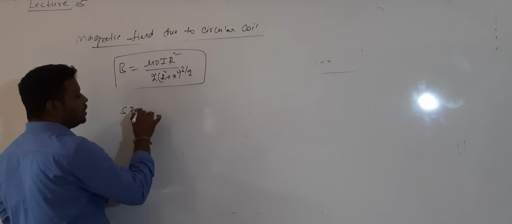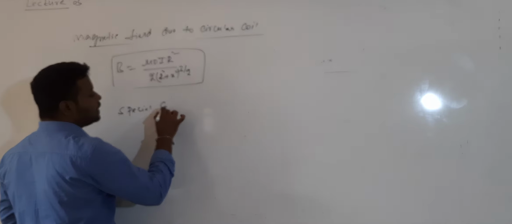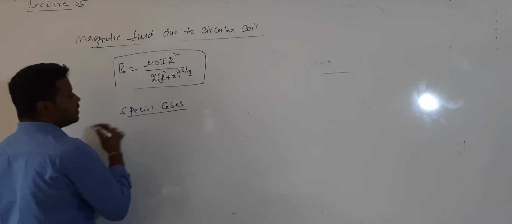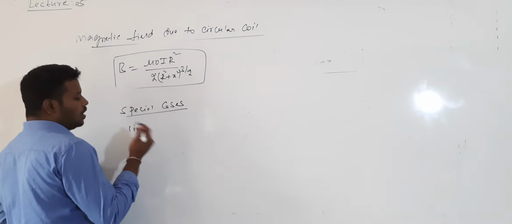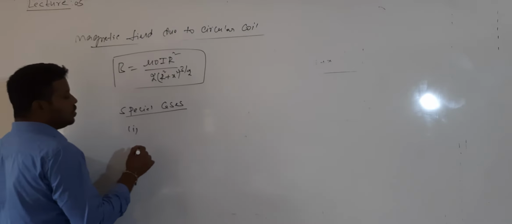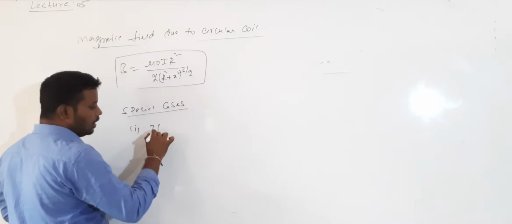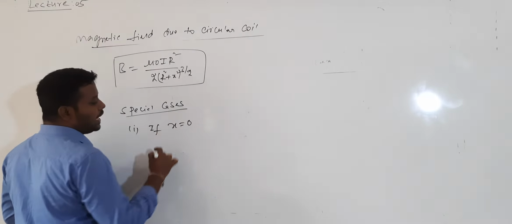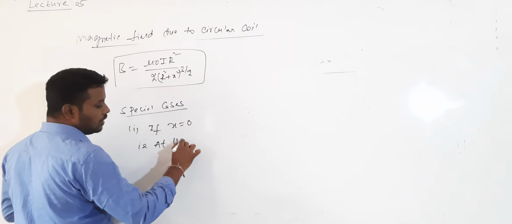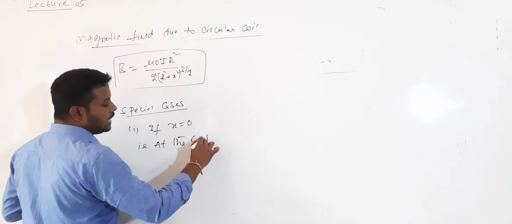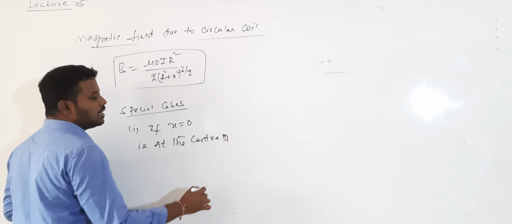Now let us see the special cases. Let me discuss two special cases. The first case I will consider is if the x value is 0, that is at the center of the circular coil.